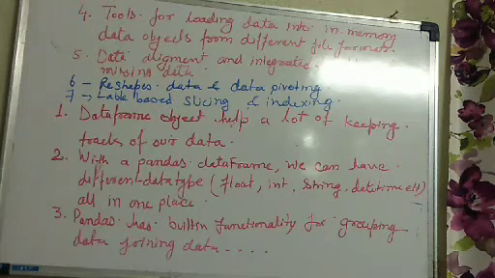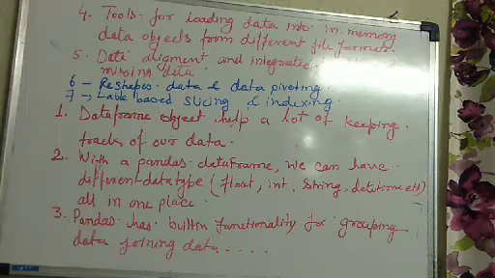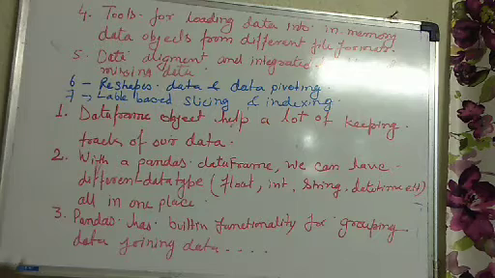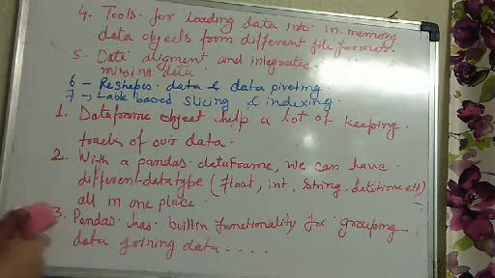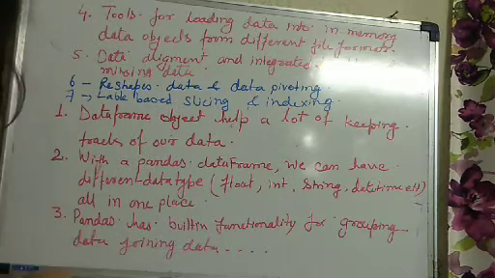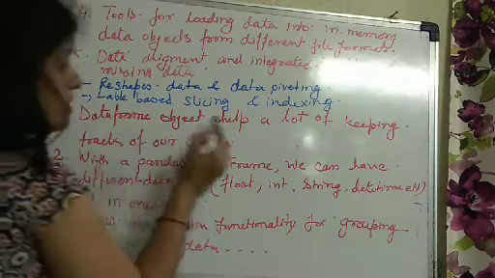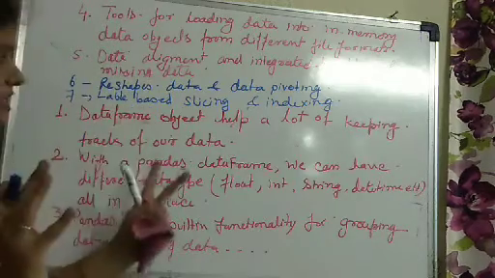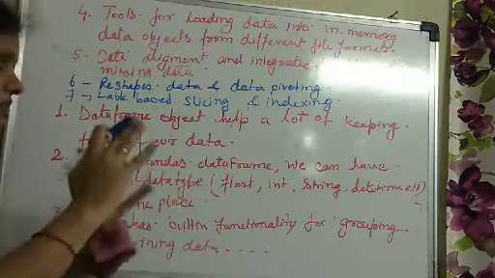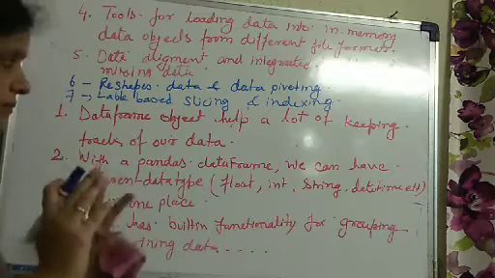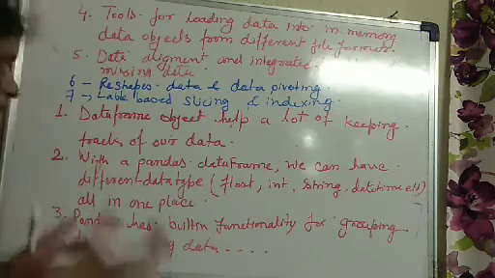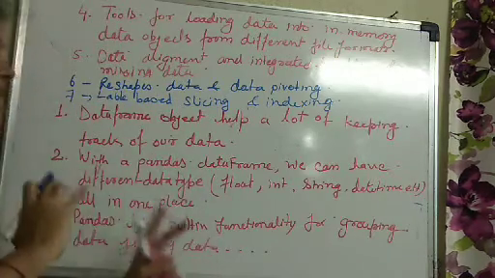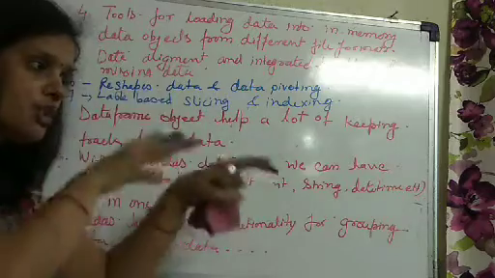Now let us see how data is handled in Python pandas. There are two important data structures mentioned there. Let us once again see all the features of pandas. The data frame object helps a lot in keeping track of our data. It provides one structure where the data is stored in a proper format. With a pandas data frame we can have different data types, including date values. Pandas has built-in features to manipulate the data stored in the structure.